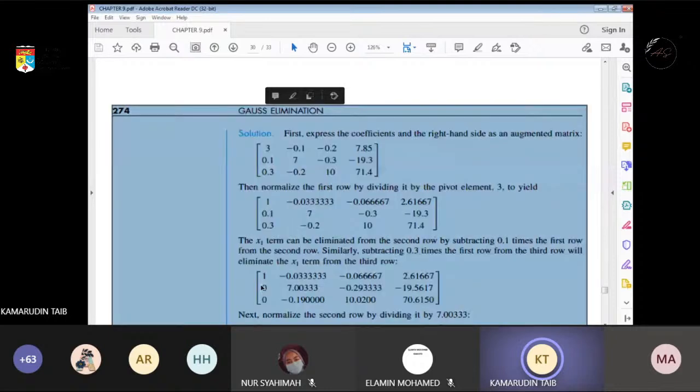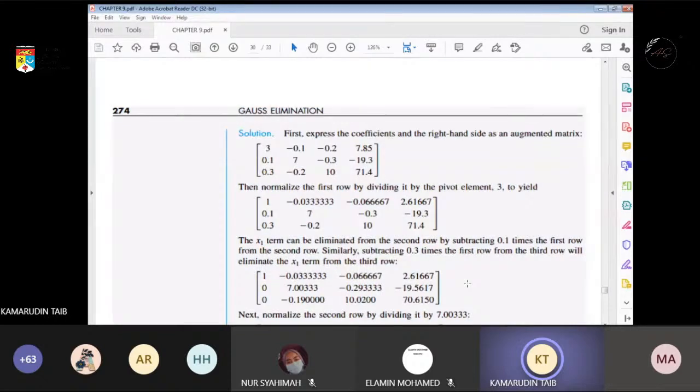And then the next step is to make this element 0. With the Gauss method alone, without Jordan, if you normalize 3 to become 1, that's not correct.